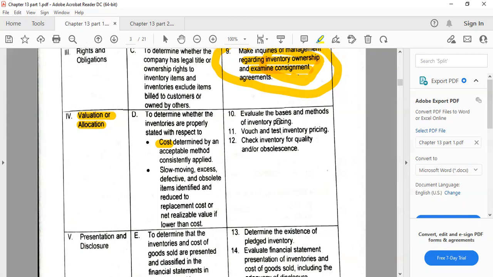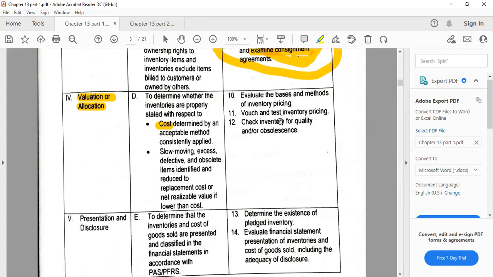Okay, so this is the audit procedure. Evaluate the basis and methods of inventory pricing, vouch and test inventory pricing, check inventory for quality and or obsolescence. In my experience, we went to a warehouse of Island Paints because I was an external auditor before. I was able to observe a physical count, and we found many paints that had hardened. So they can no longer be used.